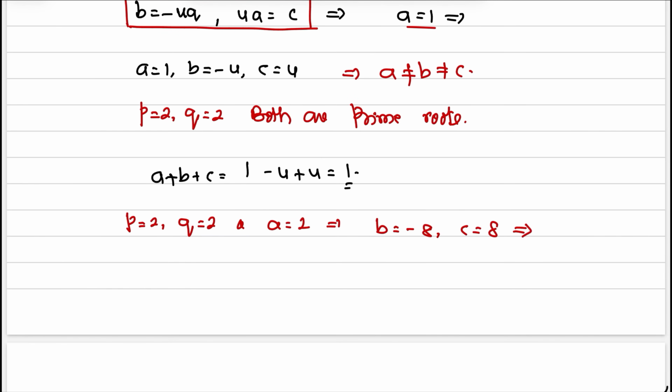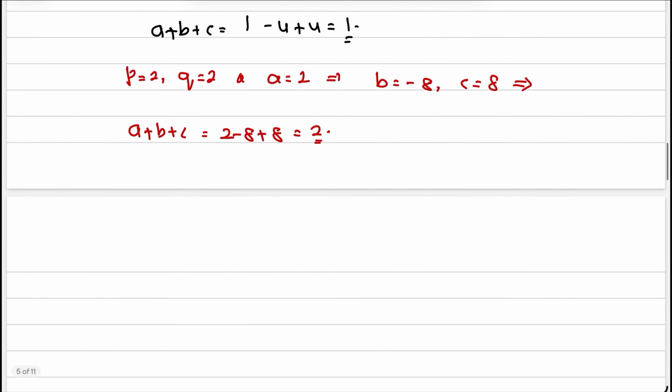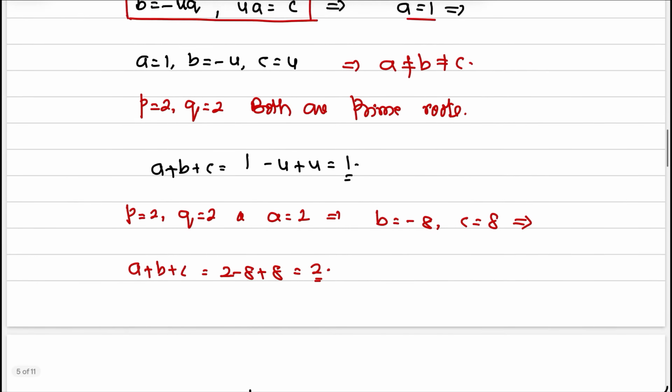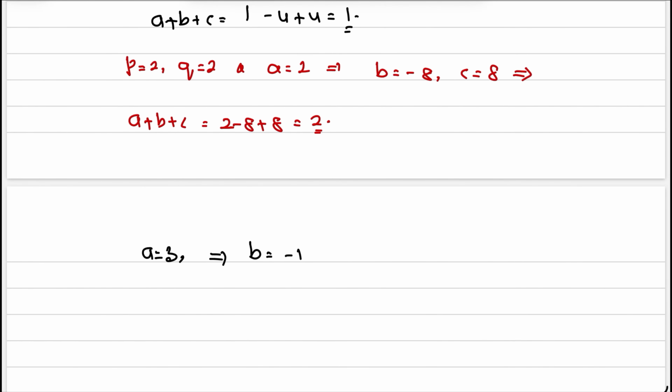That implies A plus B plus C is equal to 2 minus 8 plus 8, that is equal to 2. If A is equal to 3 in the same condition, B is equal to minus 12, C is equal to plus 12, that implies A plus B plus C is equal to 3.